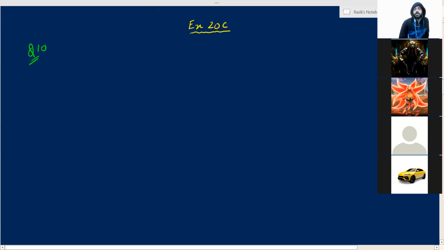A rhombus is a parallelogram only. The only thing is that in a rhombus, all the four sides are equal. A parallelogram is a quadrilateral where opposite sides are parallel. In a rhombus also, there are four sides and opposite sides are parallel, and there is something extra in a rhombus, that all four sides are equal.